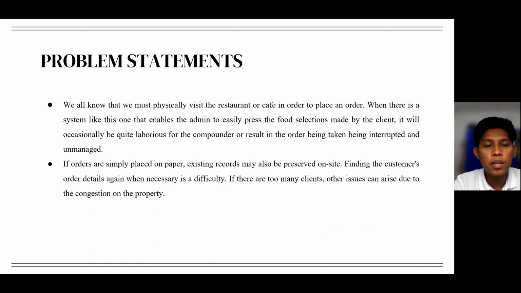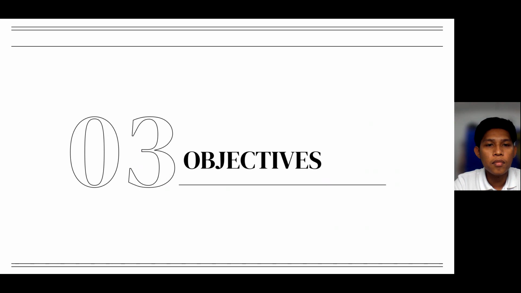If orders are simply placed on paper, existing records may also be preserved on site. Finding the customer order details again when necessary is very difficult. If there are too many clients, other issues can arise due to the congestion on the property.